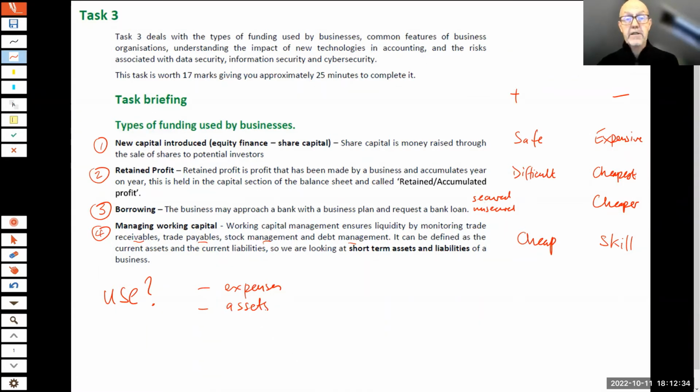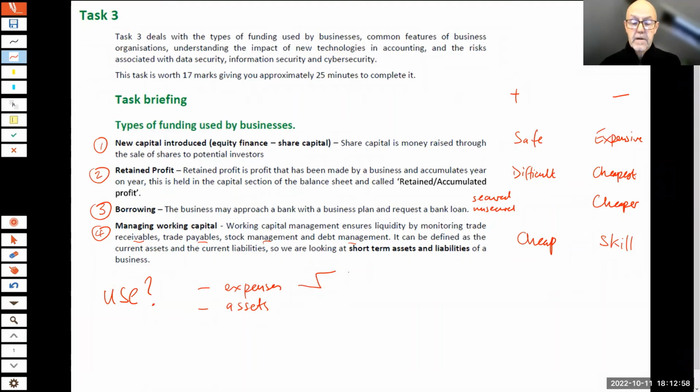Customers may expect us to deliver to them. Our smiling new sales manager may well expect to be provided with a nice car to do his job. So expenses and assets, we should always link funding to a particular use. And that's a general rule.